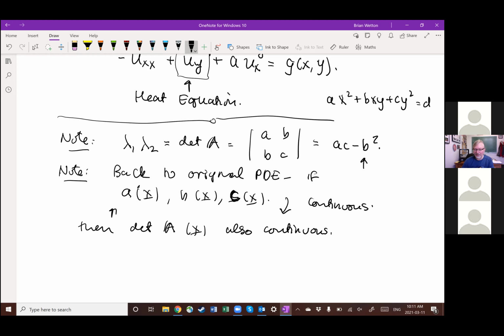You don't get exactly the same nice thing that happens, but basically this will tell you locally the character of your PDE.